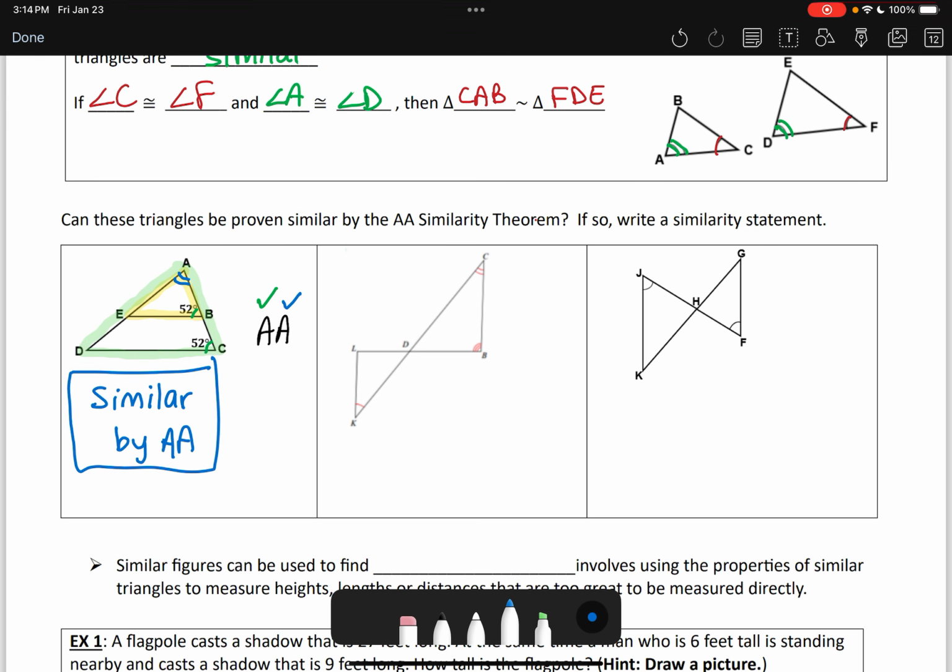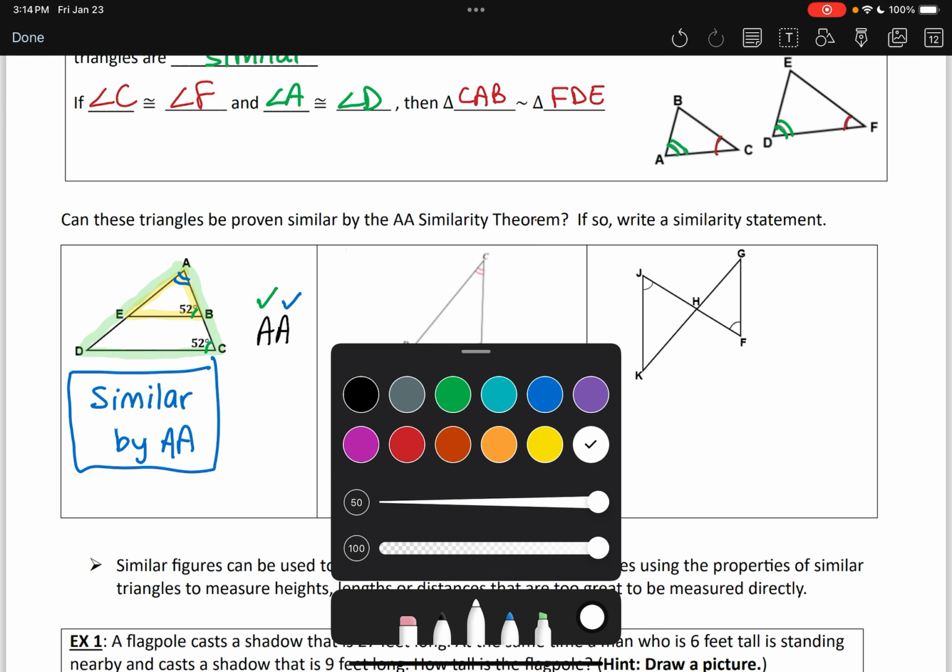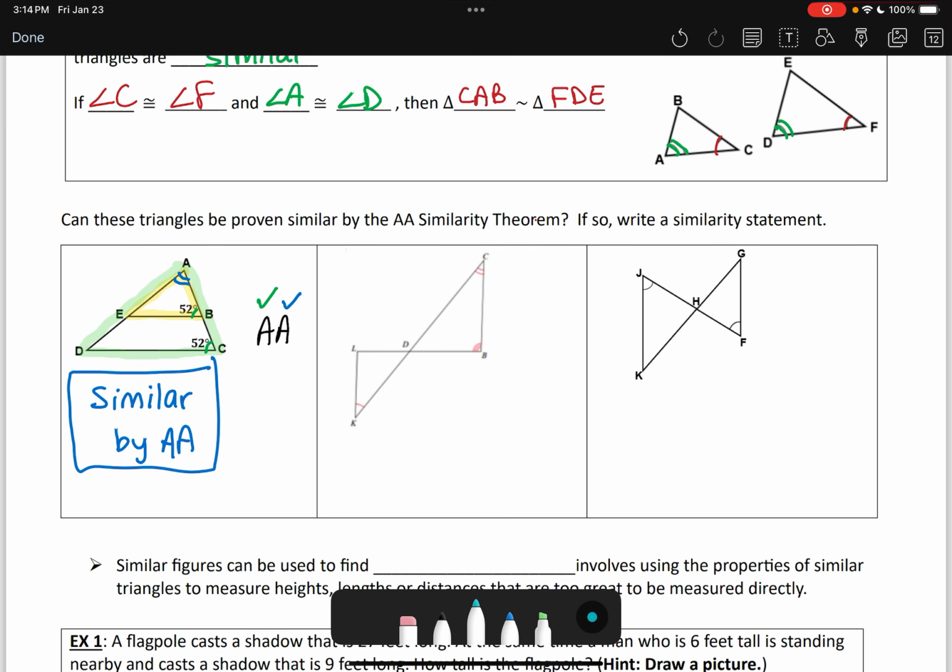Now, they're also asking us to write a similarity statement. So if we're going to write a similarity statement, then we can say triangle, and we'll go ahead and name the yellow triangle first. Let's call that triangle ABE.